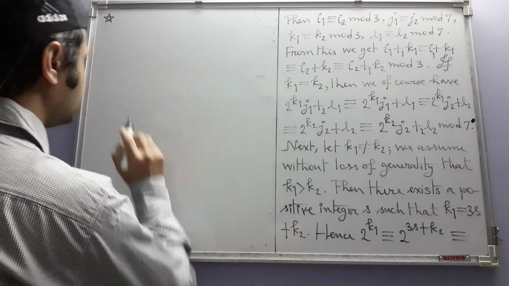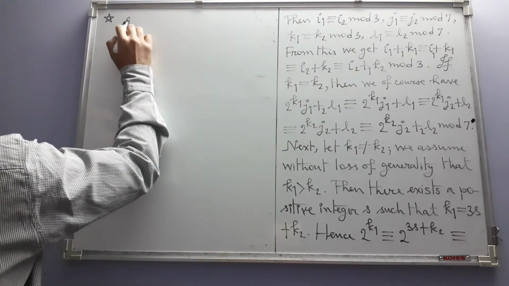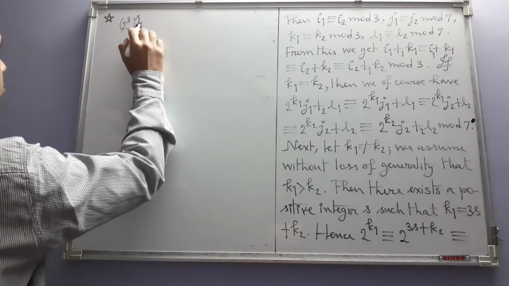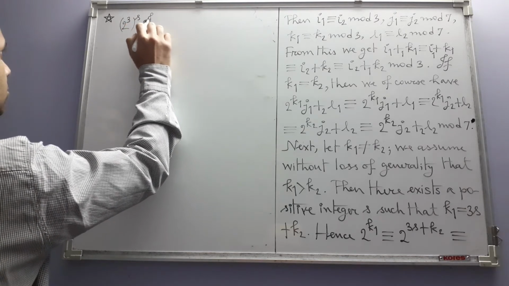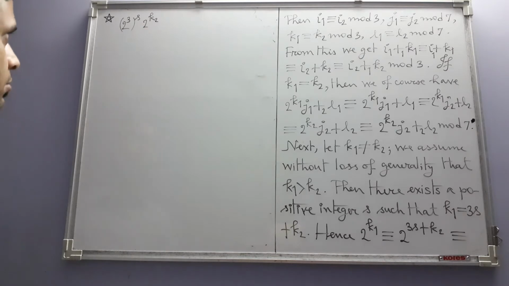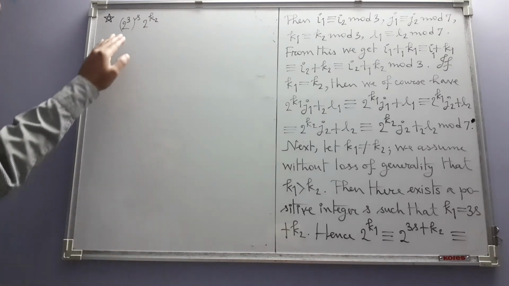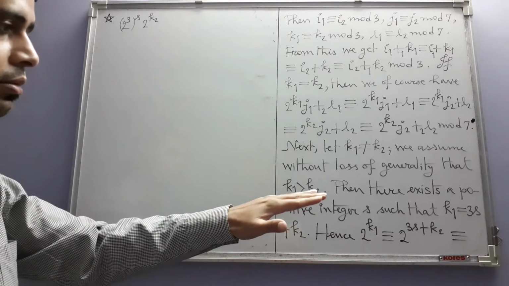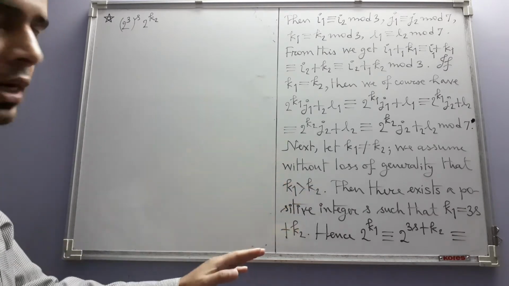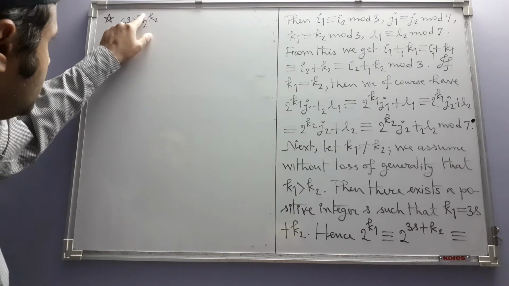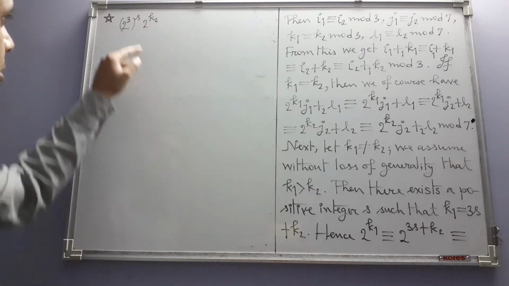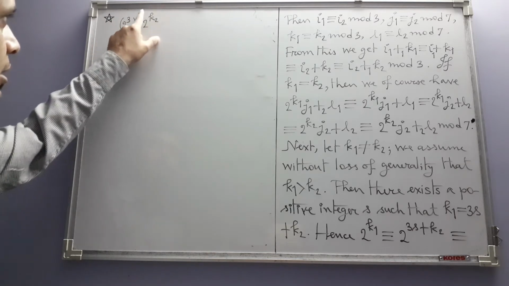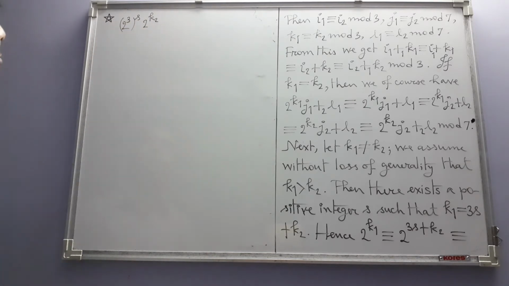Note that we can write it like this and things will still be meaningful inside a congruence, because s is a positive integer, so this power is a positive integer and this also is a positive integer.